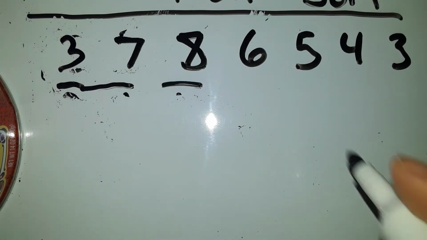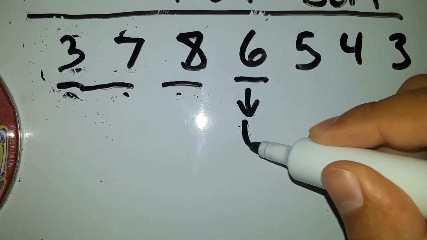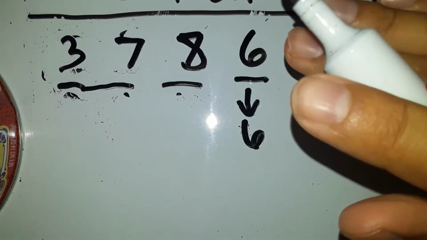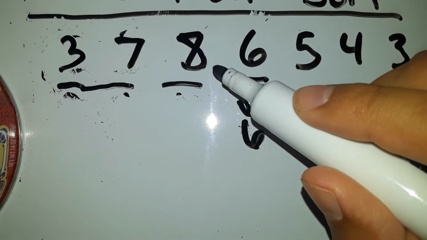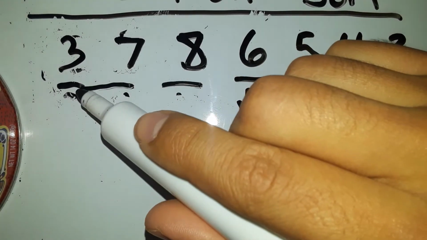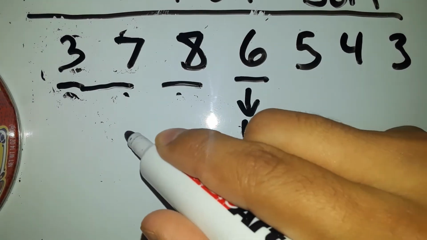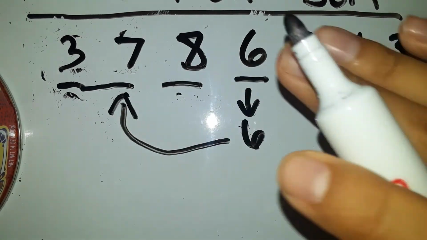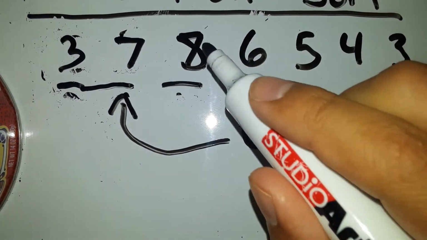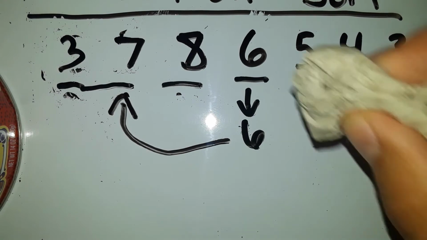So let's introduce a new item, 6, and let's go ahead and bring it down. Is 6 less than 8? It is. Is 6 less than 7? It is. Is 6 less than 3? It is not. So therefore, it's going to go ahead and take this area here, and we're going to shift everything over to the right. So 8 will take this spot, 7 will take this spot.